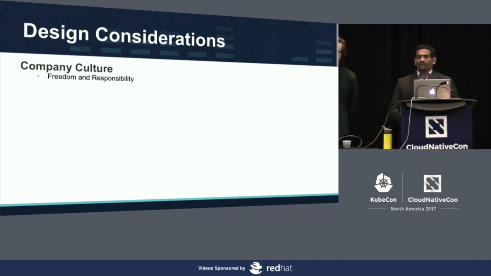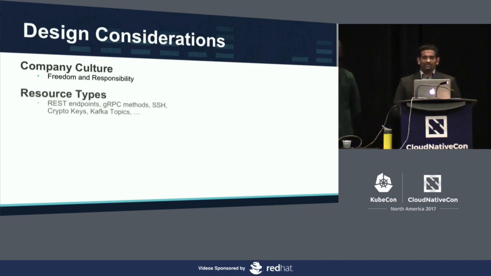Now, in this environment, when they have ownership of their own service, they are also required to define who gets to talk to their service at what level. So if a solution is not giving them that kind of freedom, it's not going to fly in a company like Netflix. First thing first, we had to make sure that the solution works with the company's culture.